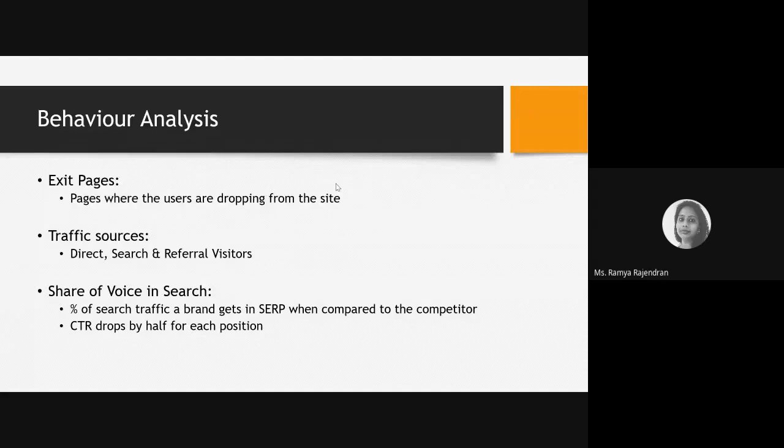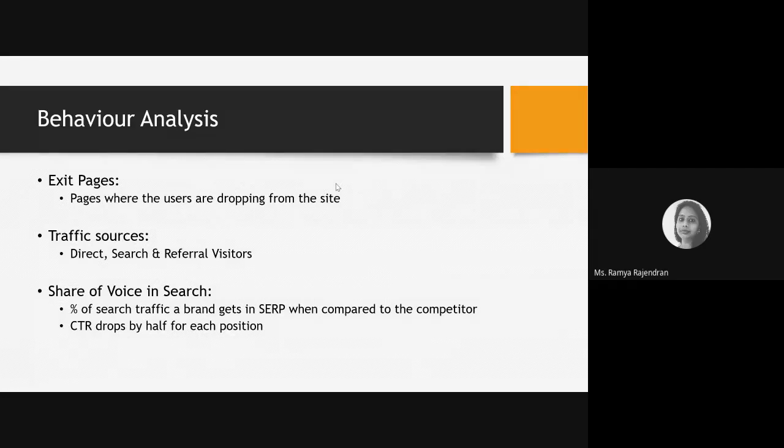Mostly the CTR drops roughly by half with each position. For example, if you get 10 results, 30% of the people click on the first result, only 15% click on the second result, whereas 7.5% of the people click on the third result. So you really know how important it is to get in the top listings of the SERP, right?